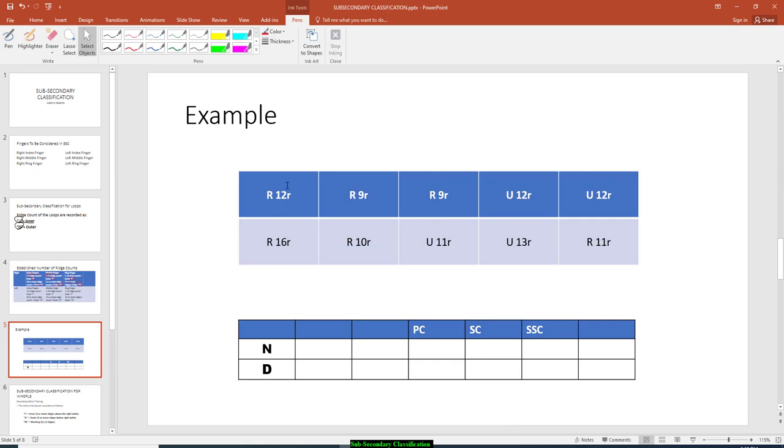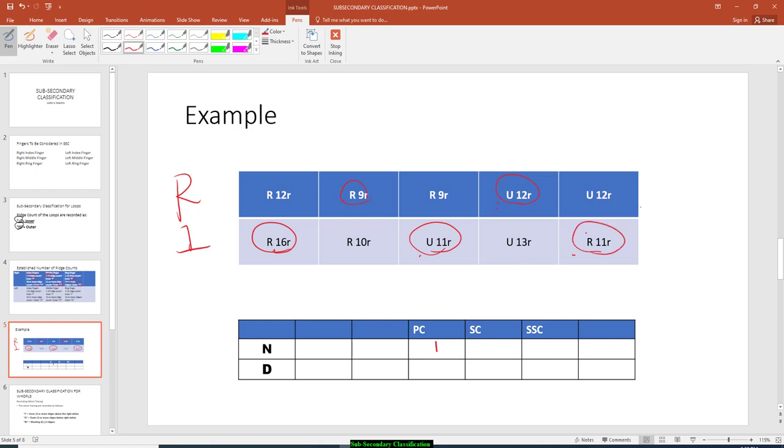Alright, so let us continue. Let's say we have the following set of prints. This is right and this is left. Let us get first the primary classification. So we have 1. This is radial, ulnar, radial, ulnar, radial.